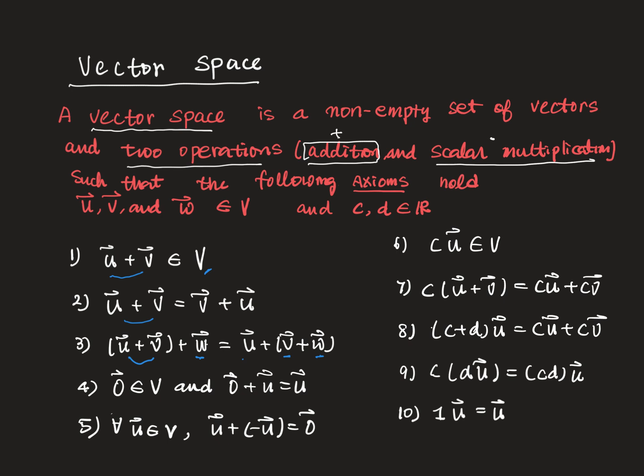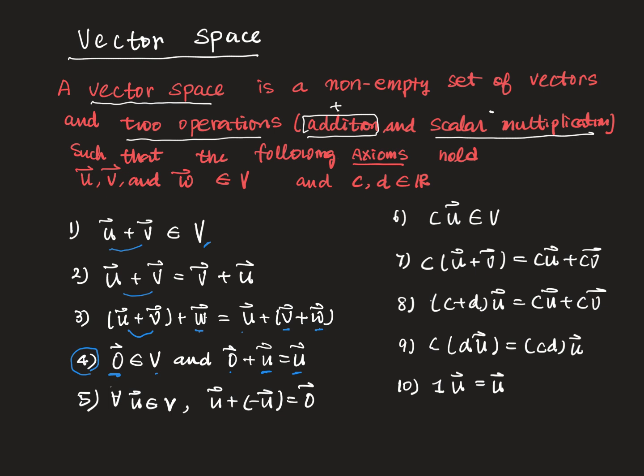We say that's the associative rule. This one is very important: the zero vector should be in the vector space, and zero vector plus any vector u is u. Fifth one: any vector u you pick in the vector space, plus its negative vector, always gives the zero vector. That's all related to addition.